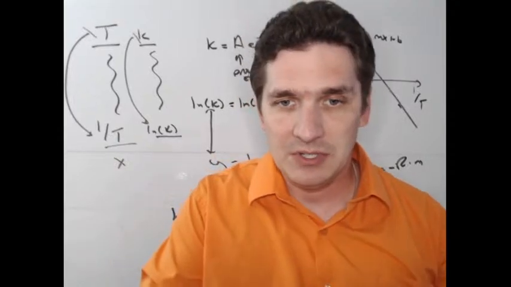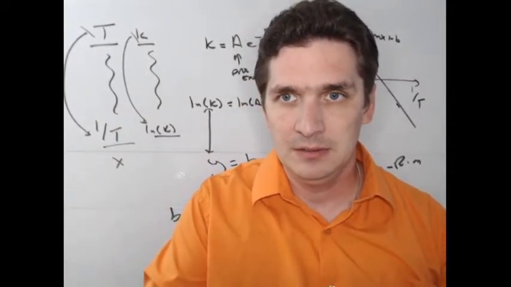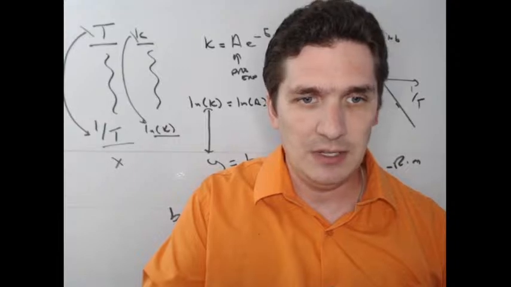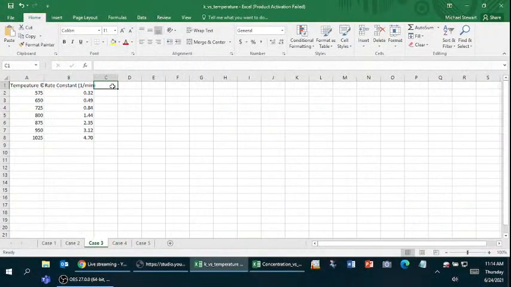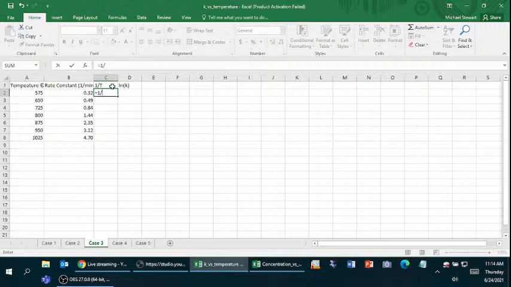So I'm going to go to the K versus temperature data now. And I'll work case 3. So we need 1 over temperature, and we need the natural log of K. And I get it, you don't know what K is. That's on me.